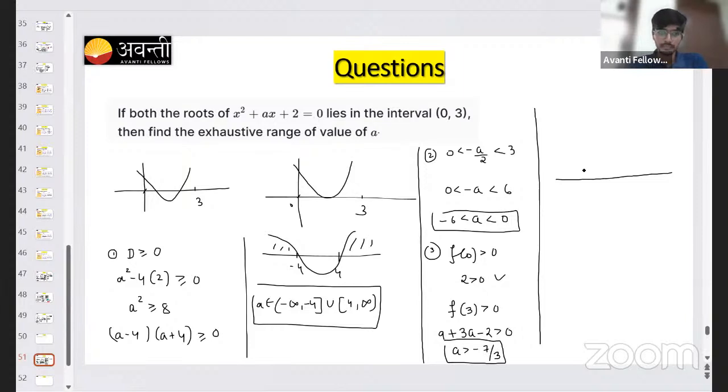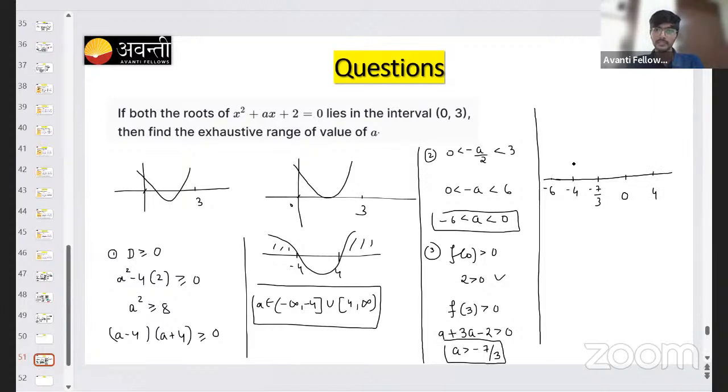चलो, let's look at the critical points. Minus 7 by 3 तो minus 4 से कम है ना? Oh minus 6 भी है अभी है. Minus 6, minus 4, minus 7 by 3, 0 and 4.